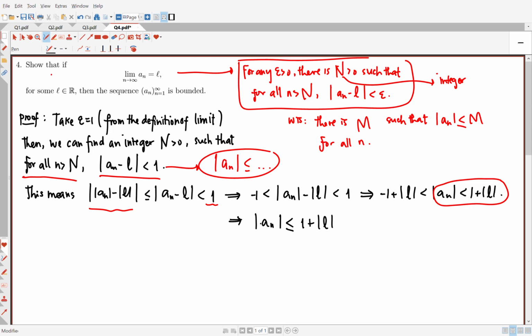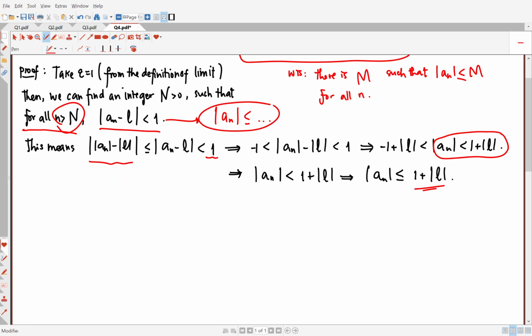Yes, because if the absolute value of a_n is strictly less than 1 plus the absolute value of L, this means the absolute value of a_n is less than or equal to 1 plus the absolute value of L. So we have shown that for all n bigger than big N, we can find a real number so that the absolute value of a_n is less than or equal to that real number. Very good.